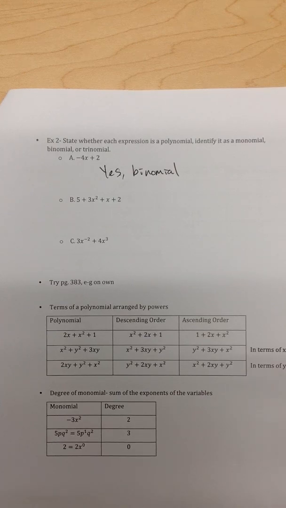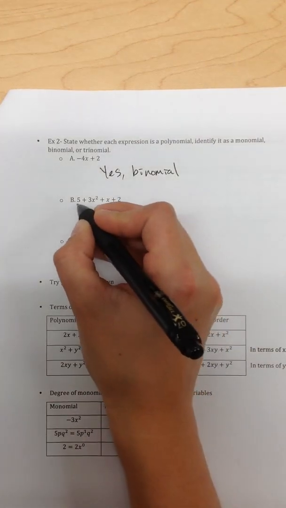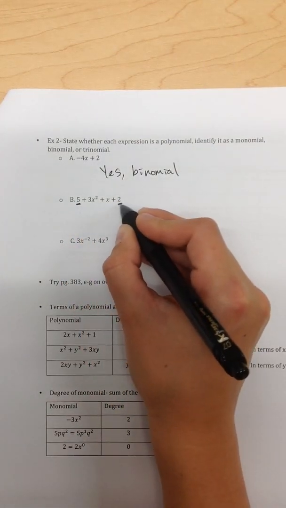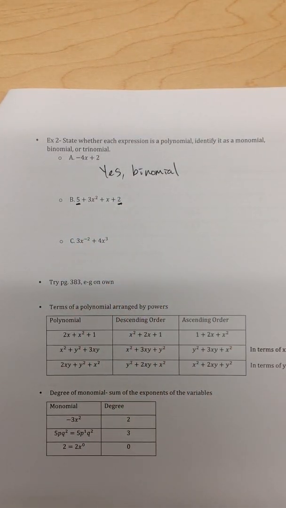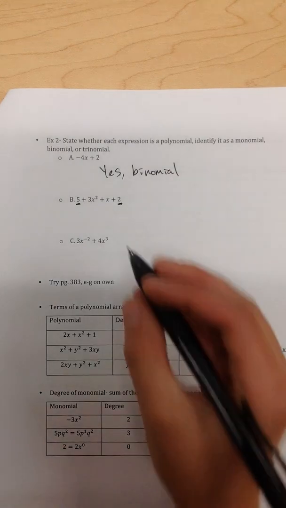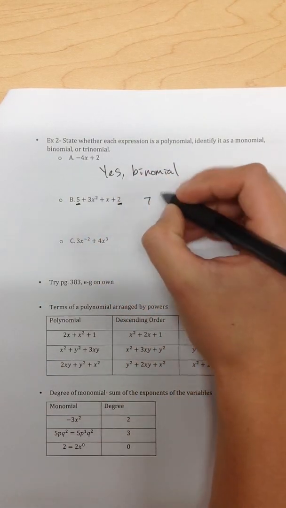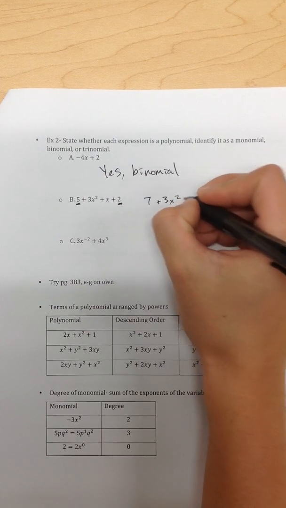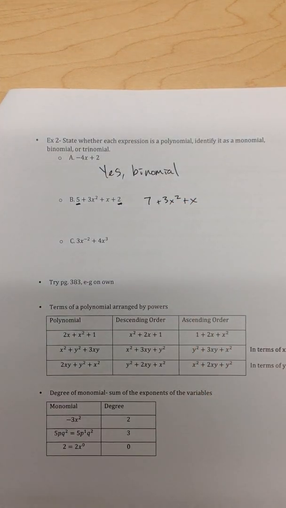So what we have to consider here is, is there anything we can combine? Well, 5 and 2 are things we can actually add together, right? So if we simplify this a little bit, 5 and 2 make 7, plus 3x squared plus x. Now when we're looking at this, does it fit all our rules?